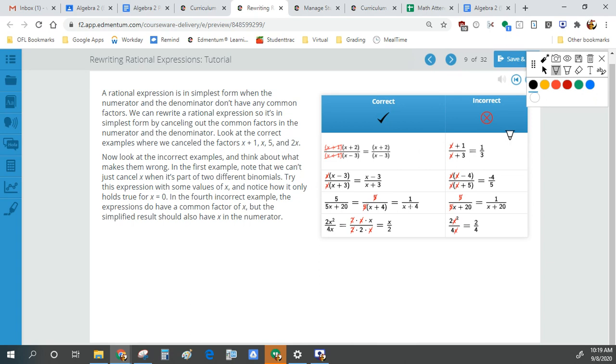A parentheses would cover a whole term. This can't be crossed out because x plus 5 doesn't really work out. So you want to factor these. Then you can cross out these x's. Crossing out an x like this, that's okay. But you can't cross out this x right here. It doesn't work out.